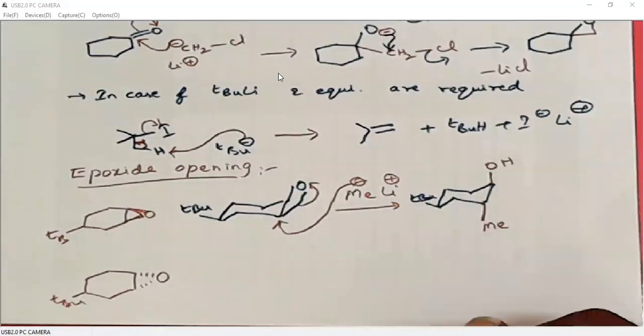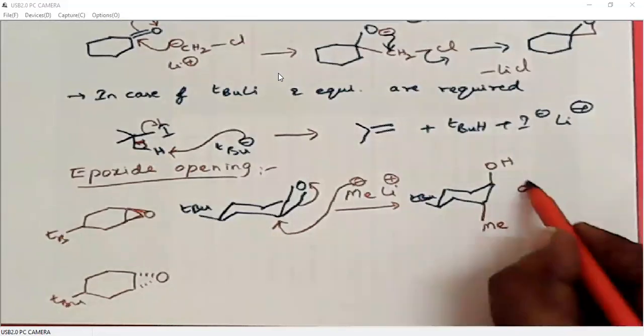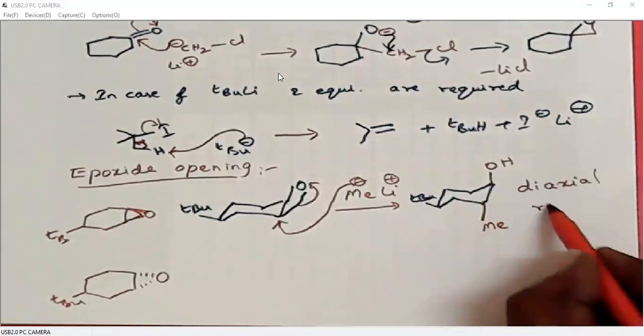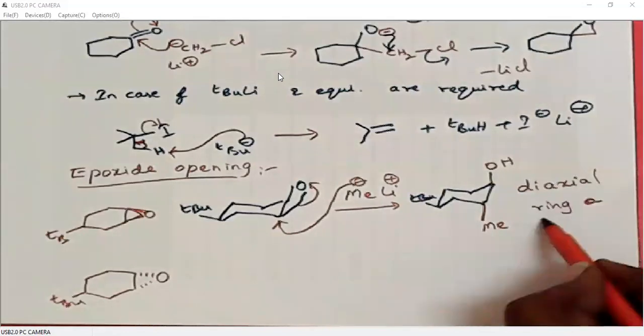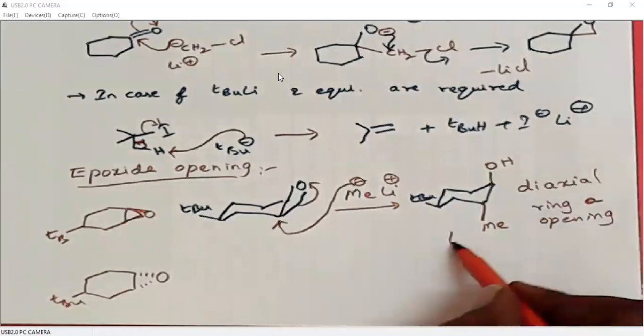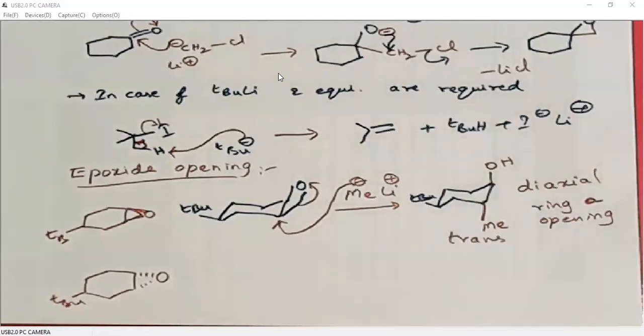So when you want to open an epoxide on a six-membered ring, the resulting product should be diaxial, a diaxial ring opening. So we will get a trans product. Of course, in epoxide ring opening, we get a trans product only.